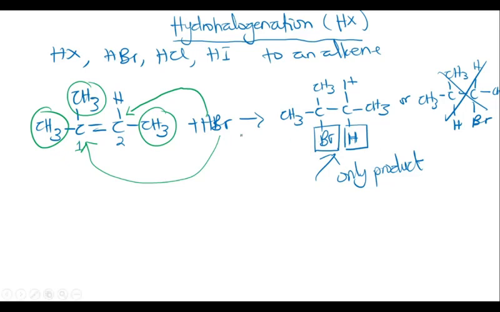Now let's look at the mechanism of this reaction to appreciate what actually happens when this reaction is occurring. So let's have our CH3, C bonded to another CH3, then we have the double bond CH, then CH3, and then we are adding our hydrogen bromide to it.